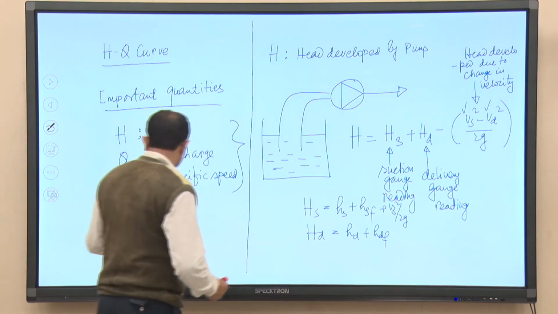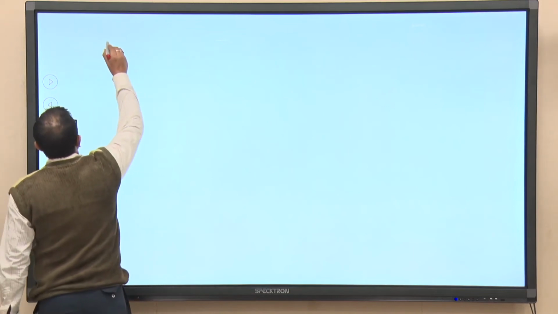Now, if we try to draw the H-Q curve, again I am writing head discharge curve.